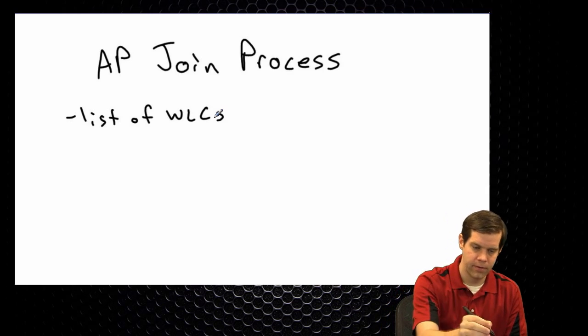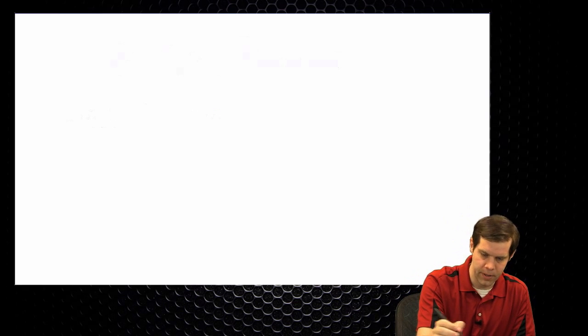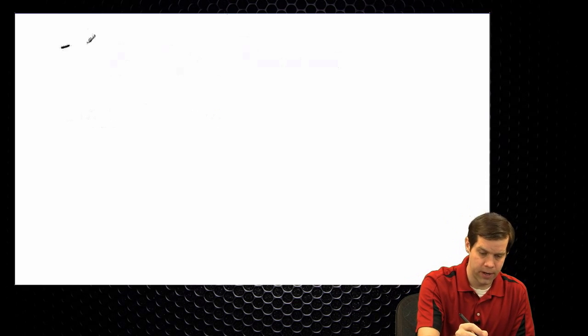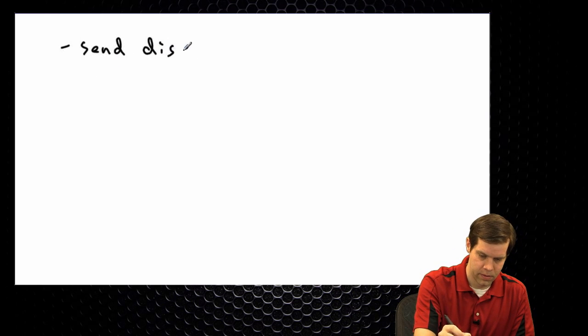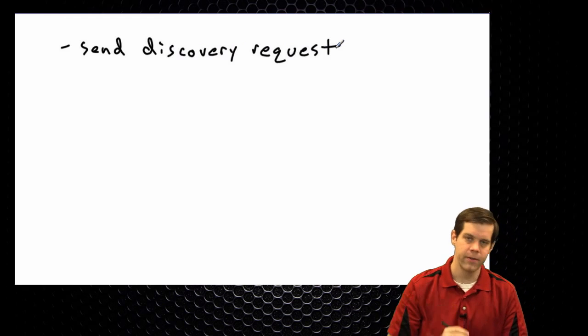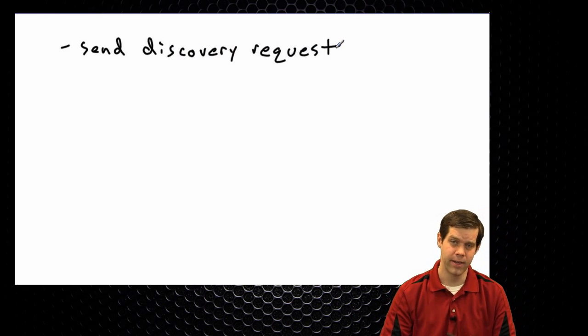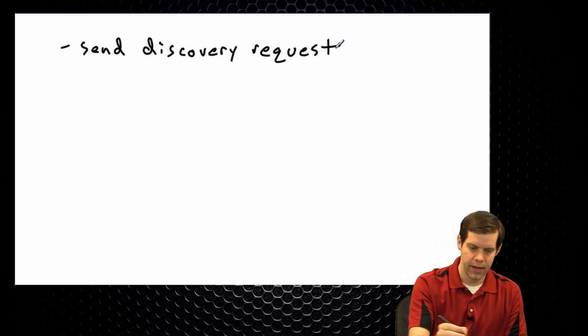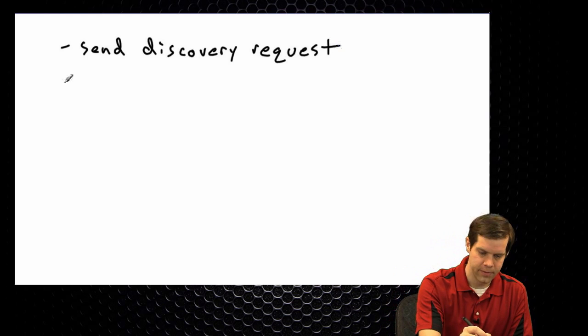So the first thing it's going to do, it's going to send out a discovery request to every single wireless LAN controller that it compiled in that list during the discovery phase. So it's going to send each one a discovery request to the management IP address that it discovered. And it's looking for a response.